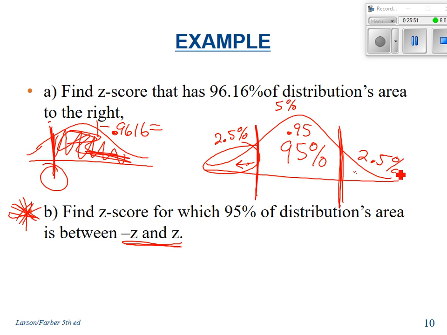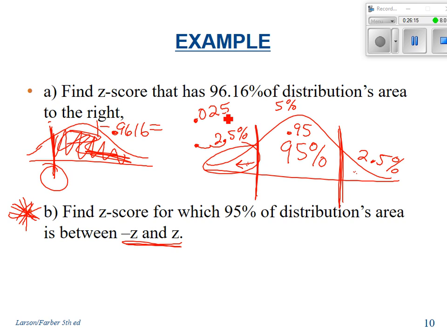So if it's 2.5%, we bump that over. The area then is 0.025, and we can look that up on the chart. 0.025, right there it is.